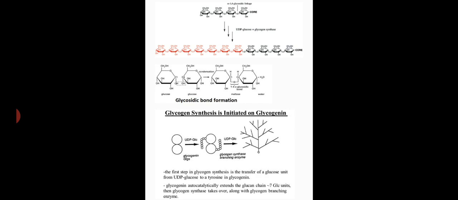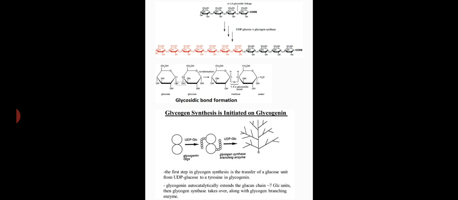Carbon 1 of the first unit of this chain, the reducing end, is covalently attached to the specific tyrosine in each glycogenin subunit. Each subunit of glycogenin then catalyzes the addition of few glucose units to its partner in the glycogenin dimer.